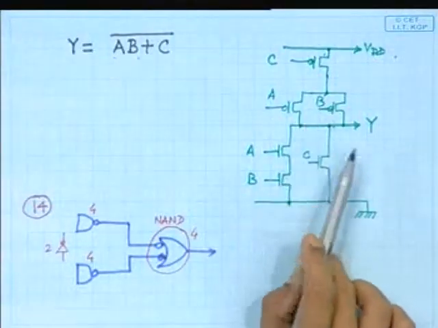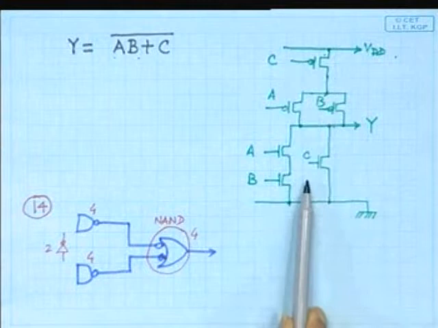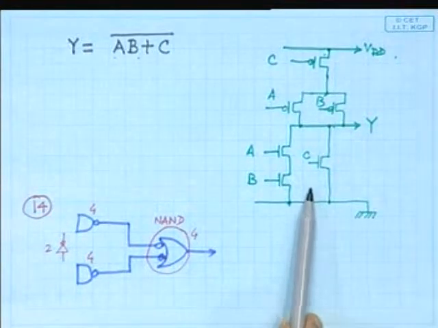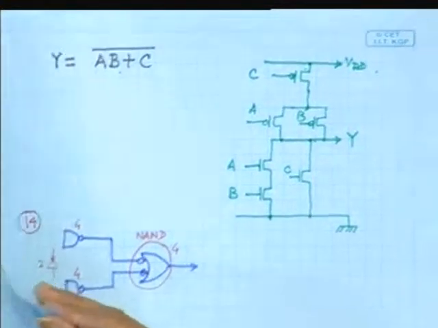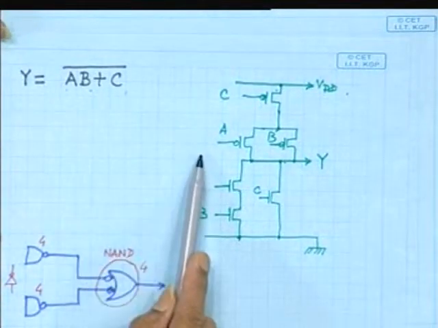Can we predict in any way the transistor level optimization from the logic level? For some obvious structures it is straightforward, but sometimes what happens is that the structure itself is not known. The structure I have shown is called static CMOS logic, where the translation is straightforward. Just from this expression, you can automate the design.